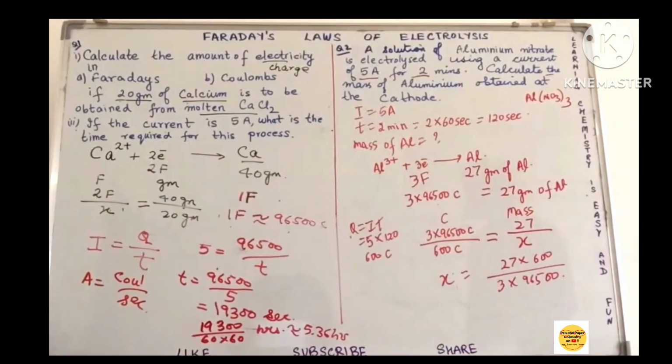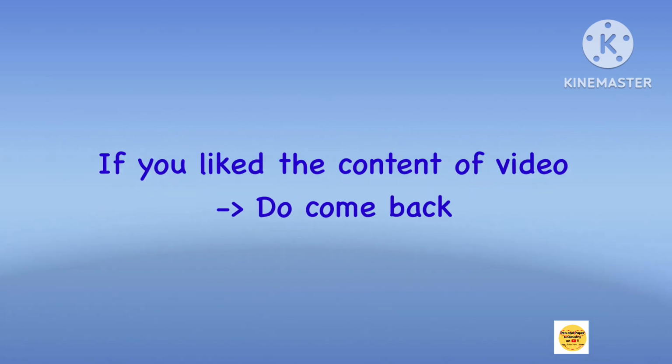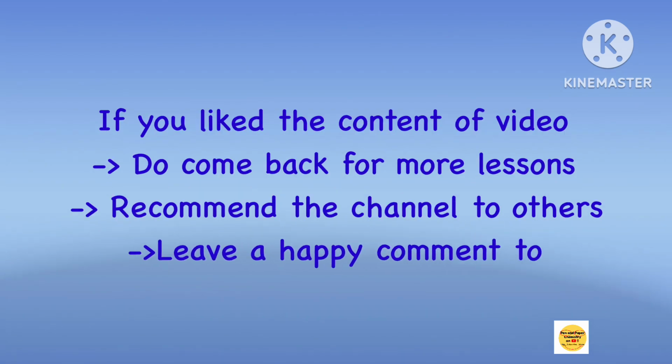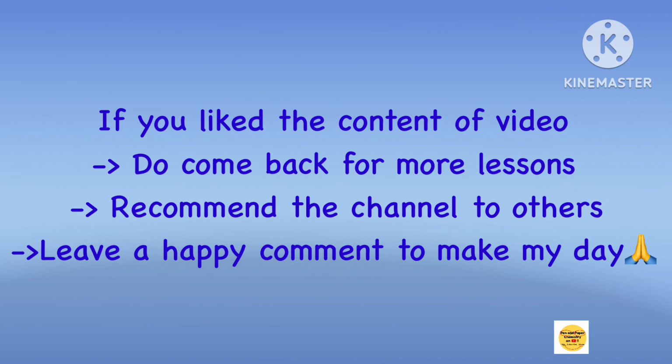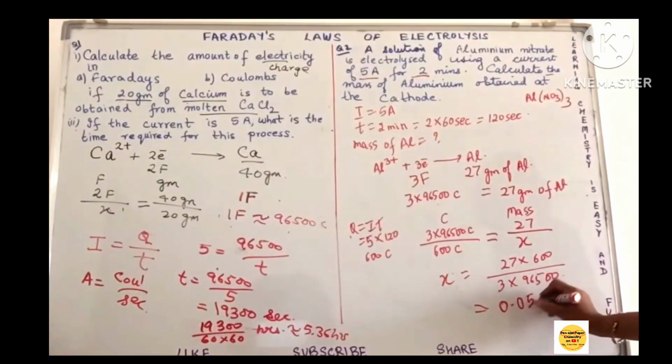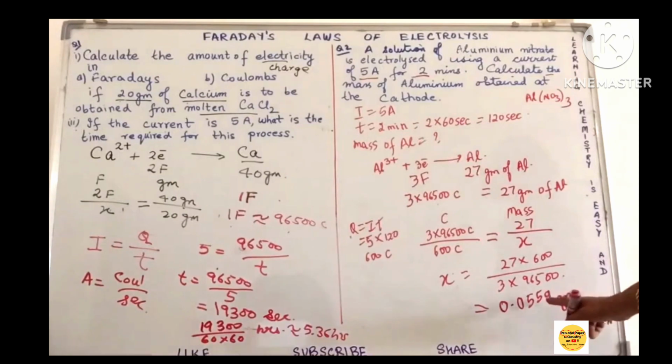Now again, pause the video. I would sincerely want you to do the calculations and give me the answer while I also calculate it. 0.0559 grams is what you get as the weight of aluminium obtained. See you soon. Happy studying.